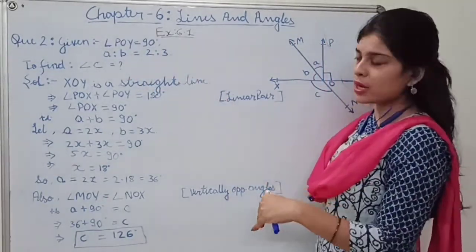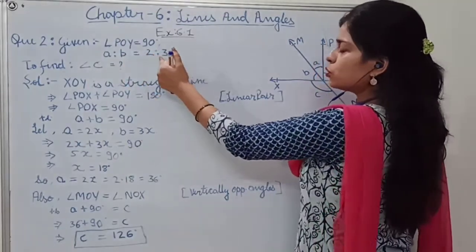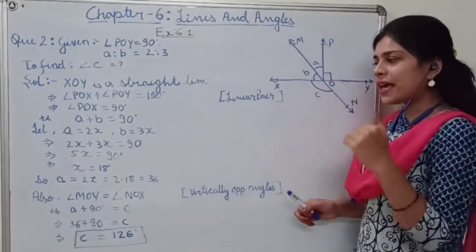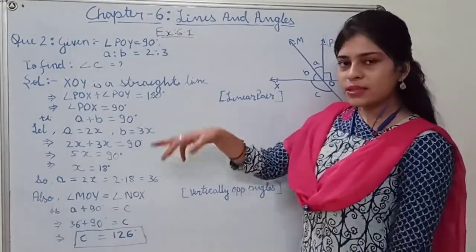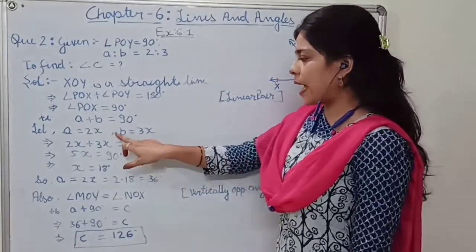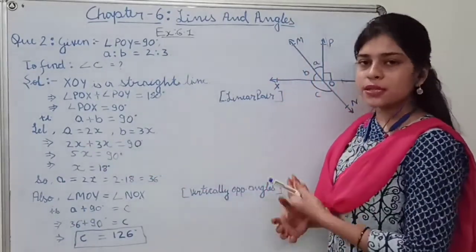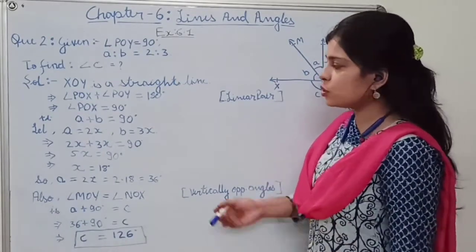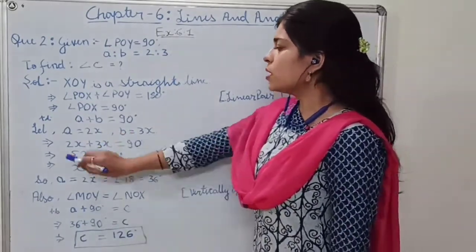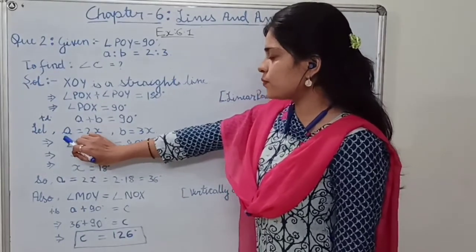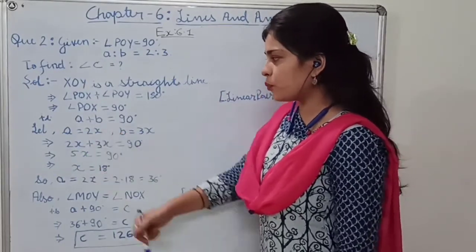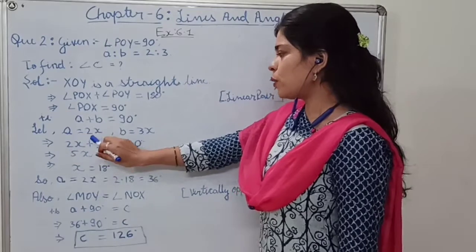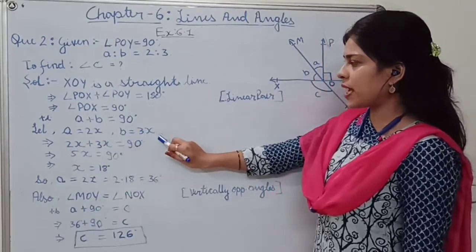Their ratio is given, A upon B is 2:3. So to get the actual values of A and B, we must multiply both angles by some fixed number. That fixed number we don't know, so we'll assume it as x. So we will assume the value of A is 2x and the value of B is 3x.